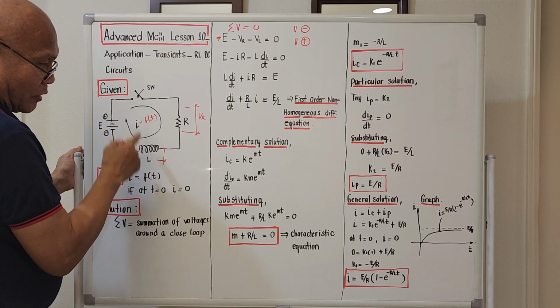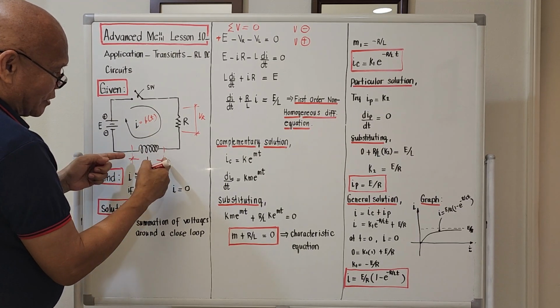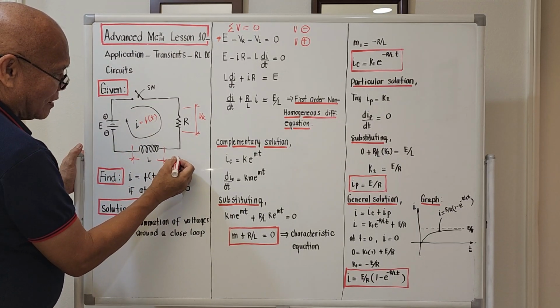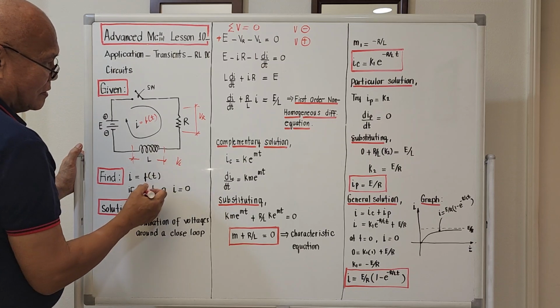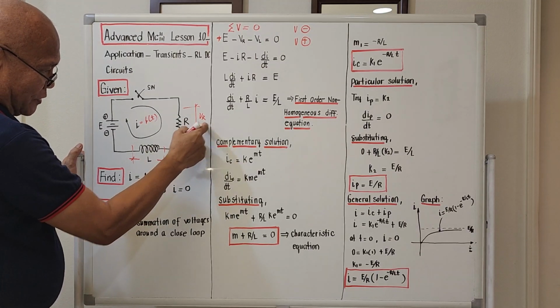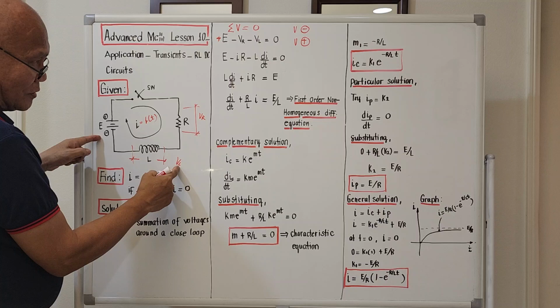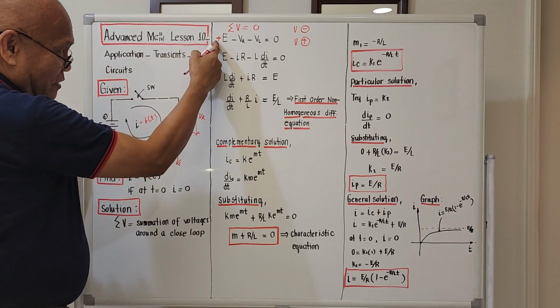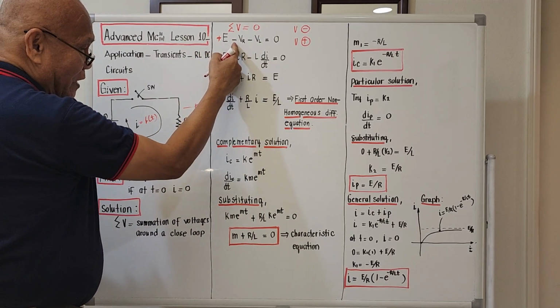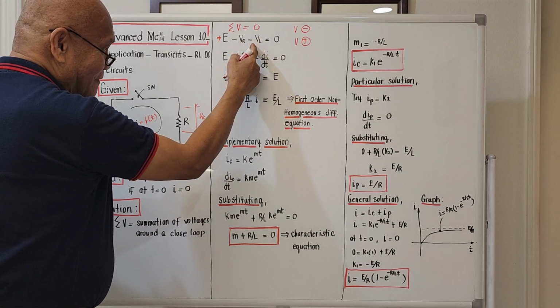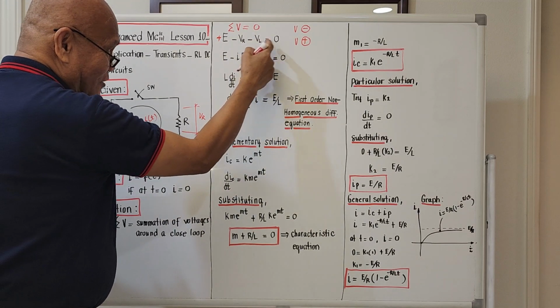This is a coil or inductor, and the voltage across it is designated by E sub L. This is a drop, this is a drop, and this is a voltage source. So this is plus E minus E_R minus E_L, okay? And this should be equal to 0.